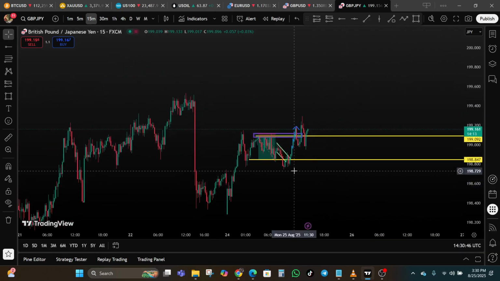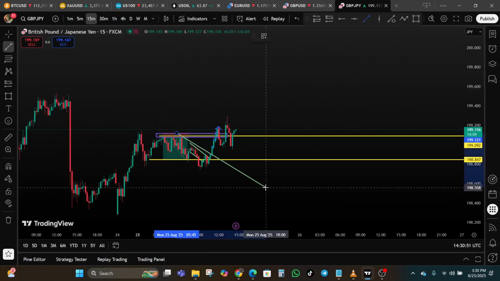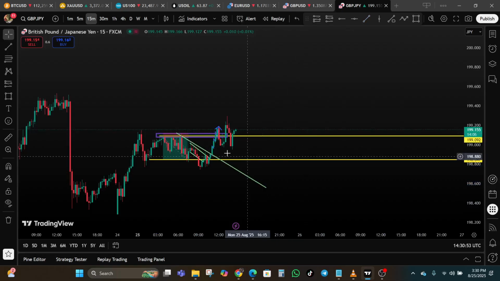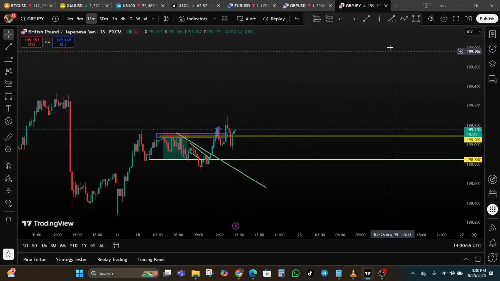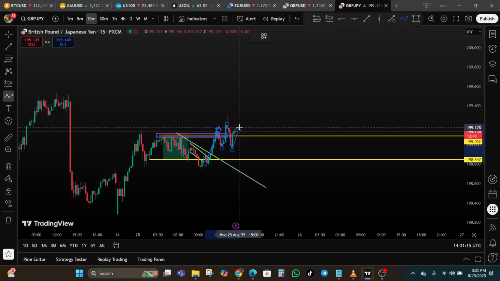We just had a breakout from this particular bearish structure, and even though the retest was not complete per se, you can see we had a breakout and then a little bit of a retest. The retest should have probably got into this zone, but unfortunately it didn't get there. Nonetheless, it was still a notable pullback close to the breakout zone, and then we even had a double bottom.